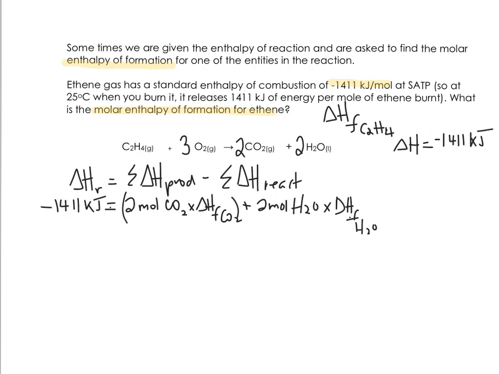Now this is liquid because this is happening at 25 degrees Celsius. So at room temperature, water is a liquid. So these are our products. From this we're going to subtract the reactants.